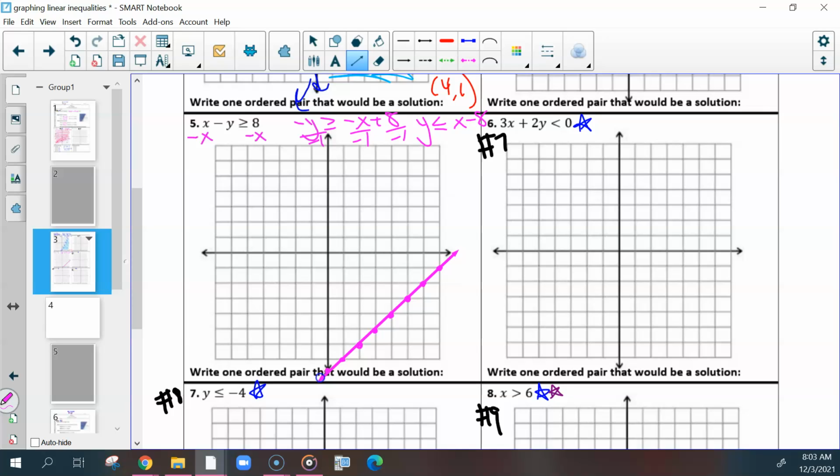Whether your line is solid or dashed, make sure you have arrows. And then would this be shaded above or below? Below. So here, below this would be down here, or in this area.